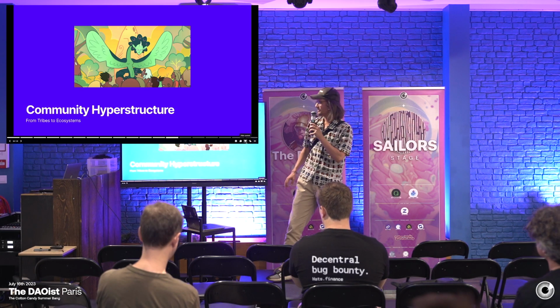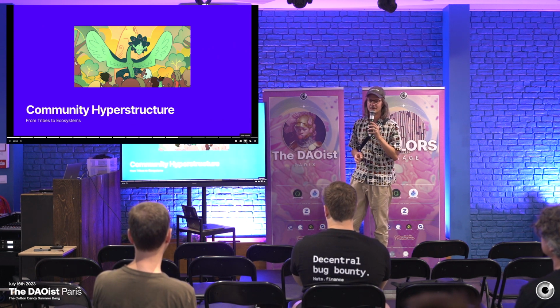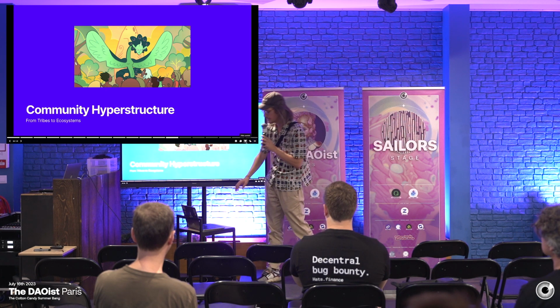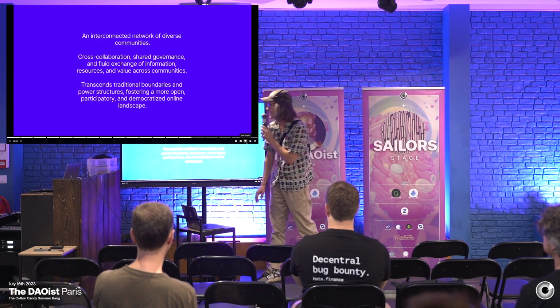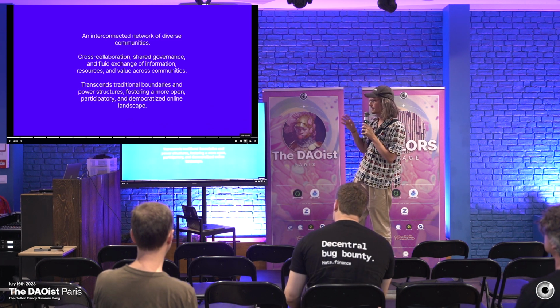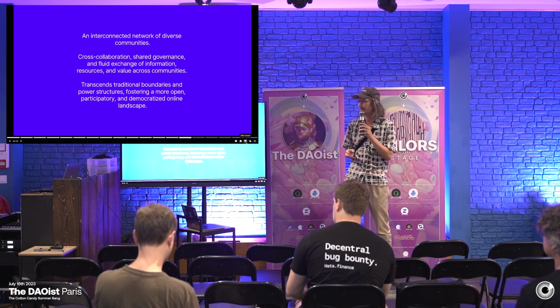All right. Last chapter, community hyperstructure. That's sort of the end goal where we want to go, and what could this look like? To me, this idea of a community hyperstructure really means an interconnected network of diverse communities.